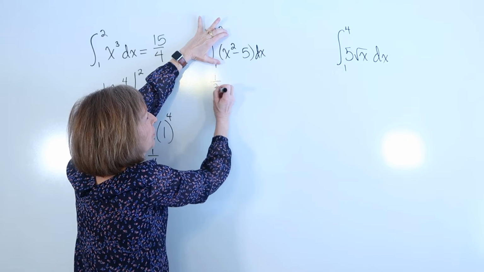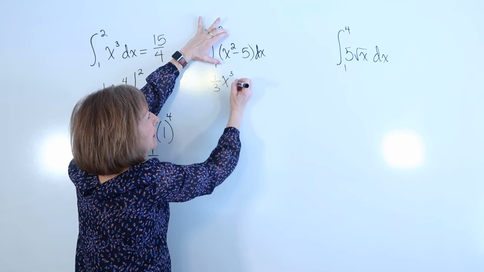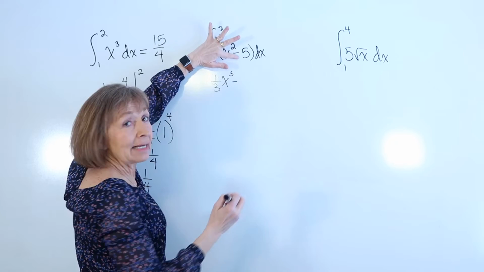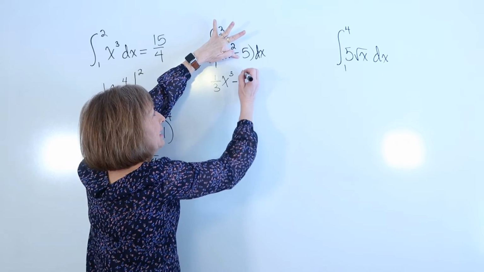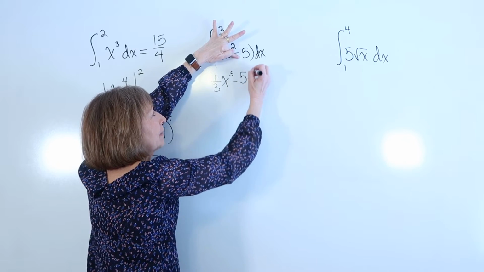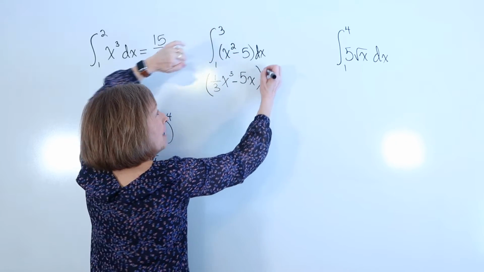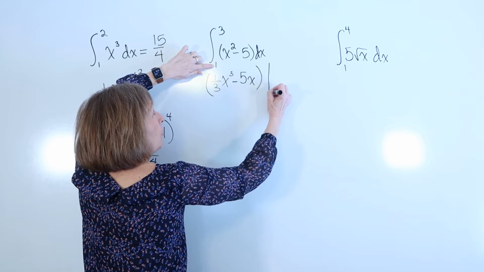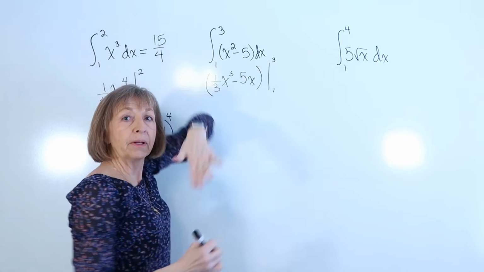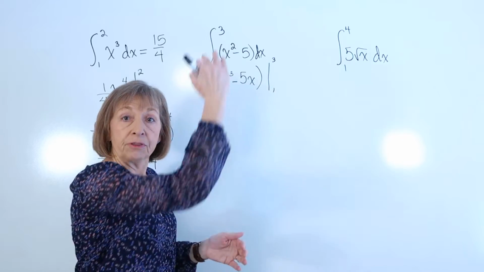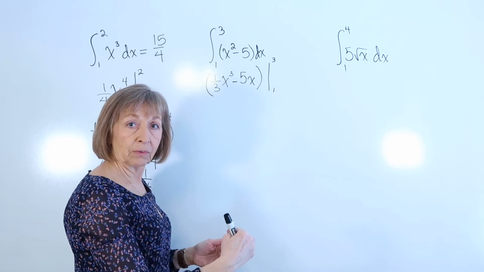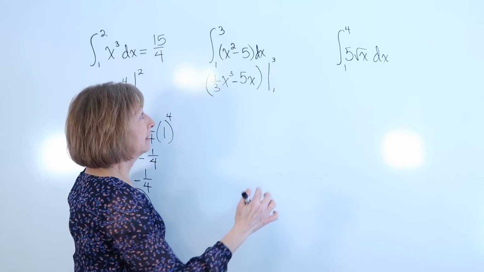So that's 1/3 x to the 3rd, and then minus the indefinite integral of 5 with respect to x is 5x. Now that expression I'm going to evaluate from 1 to 3. So big difference here is instead of putting the plus c, we put the vertical line and then do our lower limit up to our upper limit.